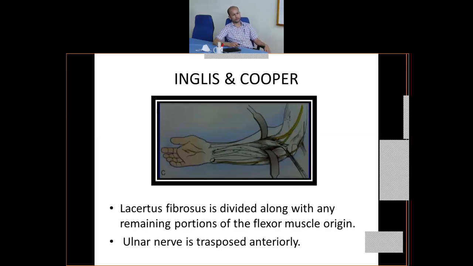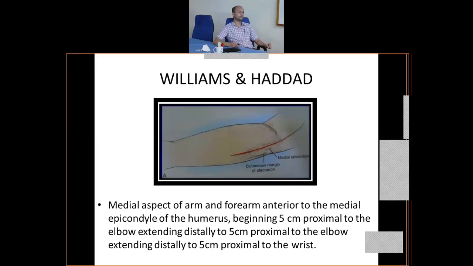Now these are the two hi-fi things for you. Only remember one thing: if you are asked about the surgery of Volkmann's ischemic contracture, it is release of the common flexor origin from the medial epicondyle, dividing the lacertus fibrosus, and anterior transposition of the ulnar nerve. That's all.